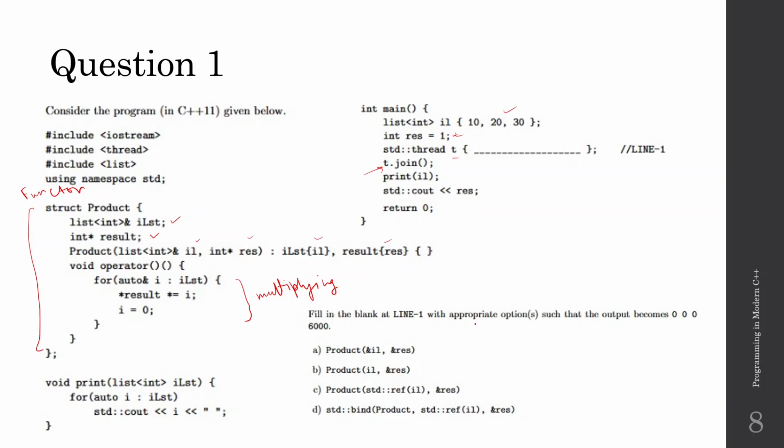So now it says to fill in the blank at line 1 with appropriate options such that the output becomes 10, 20, 30 and 000 and 6000. Sorry, wait, it was correct only.